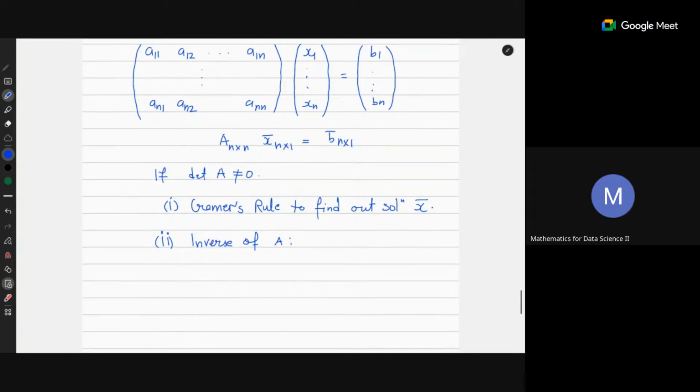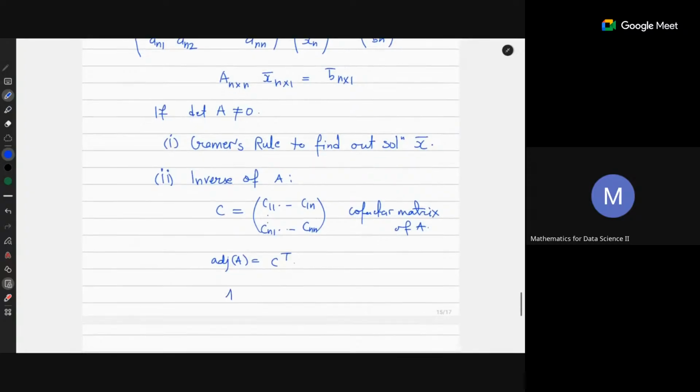And how do we calculate the inverse of A? First we defined the cofactor matrix, which is made of cofactors. Then you define the adjugate matrix of A by taking the transpose of the cofactor matrix.